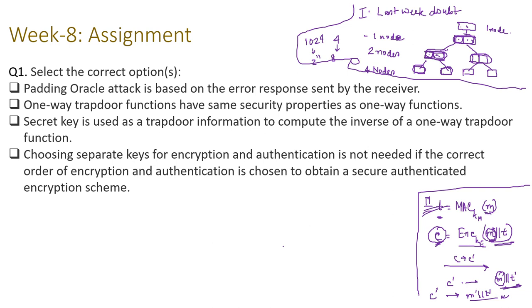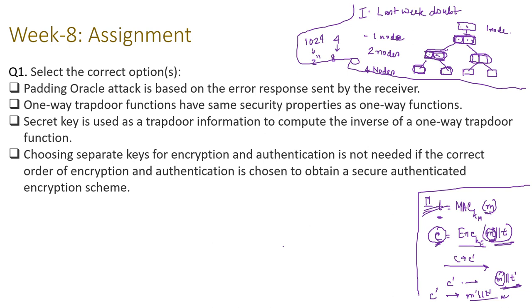The only difference is that in one case you have the extra trapdoor information which you may want to give to some authorized entity, but in the case of a one-way function, you use it in a different scenario where no one is able to go in the reverse direction and get the input. So this statement is wrong.